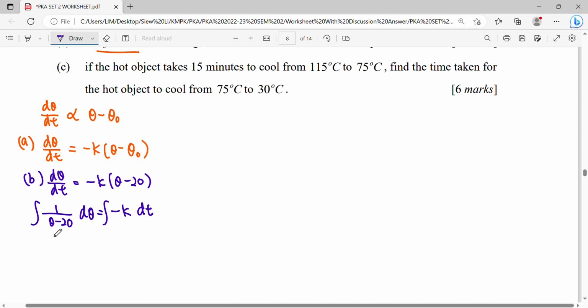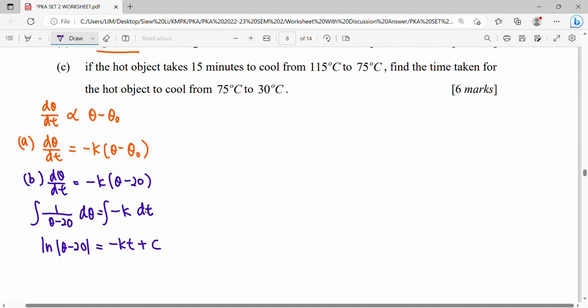Observe this fraction: the denominator is linear, therefore we can straight away get ln of θ minus 20, and the coefficient of θ is 1, so it doesn't have any big effect. For the right-hand side, integrating with respect to t, it will be negative kt plus c.